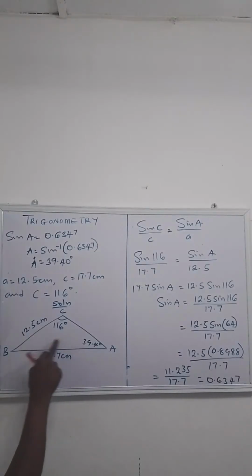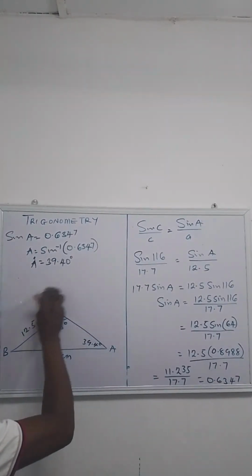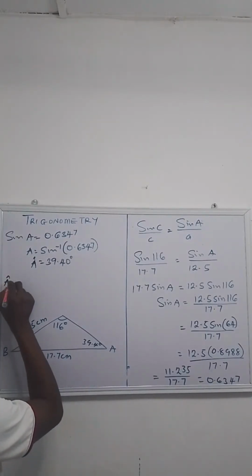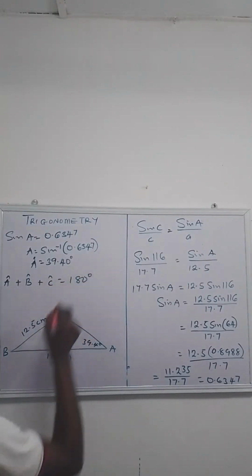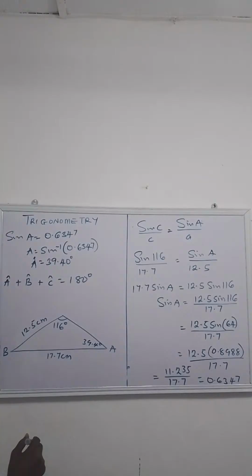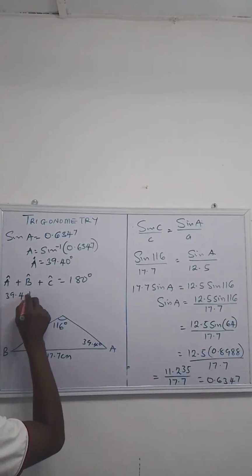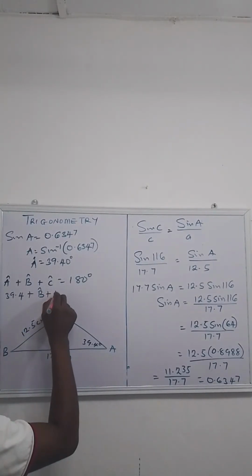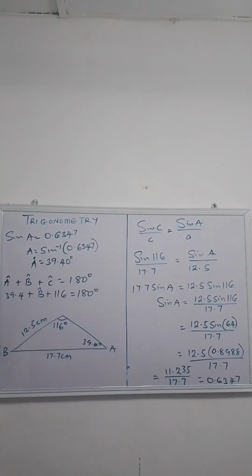So how do we get the third one? We know the sum of angles in a triangle is 180 degrees. So now let's write angle A plus angle B plus angle C equals 180 degrees. Angle A is 39.4, plus angle B, that's what we are looking for, plus angle C. Angle C is 116, equals 180.